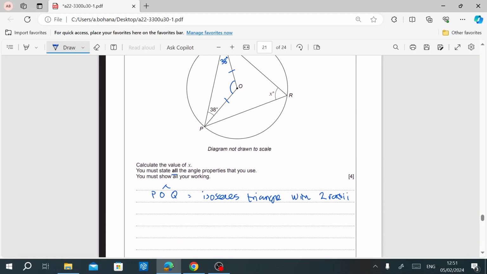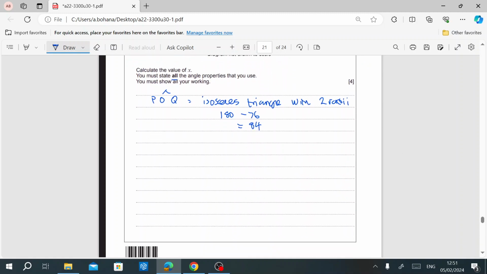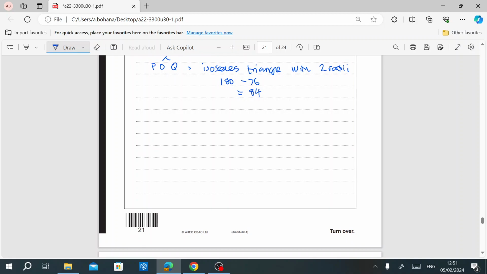So 38 plus 38 is 76, so 180 minus 76 is equal to 84, which means that that there has got to be 84 degrees.